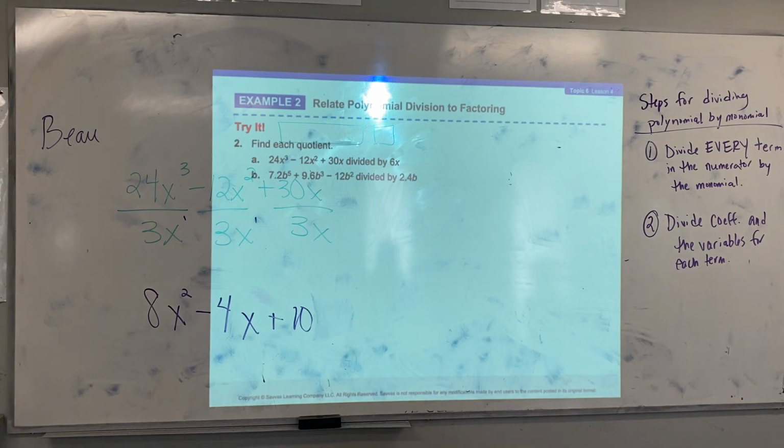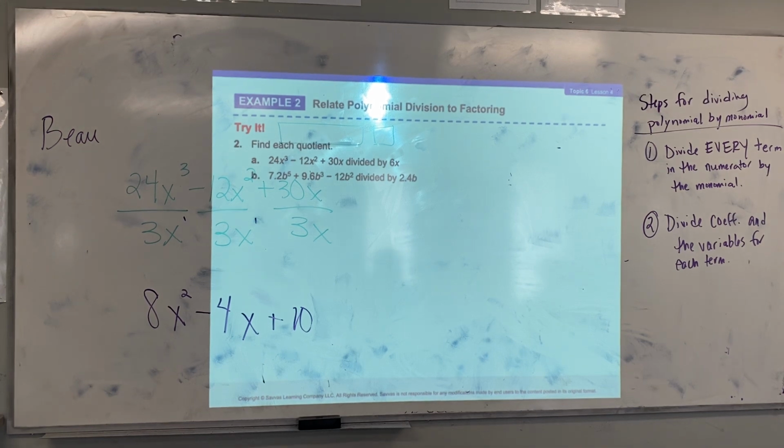Working on A and B. Second one, is it correct?